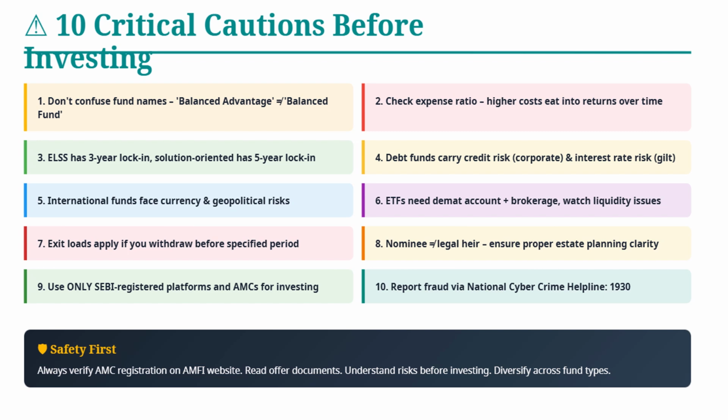Now let's see various critical cautions before investing. Don't confuse fund names. Balanced advantage is not a balanced fund. A balanced fund is different from a balanced advantage fund, so a small variance will be there.